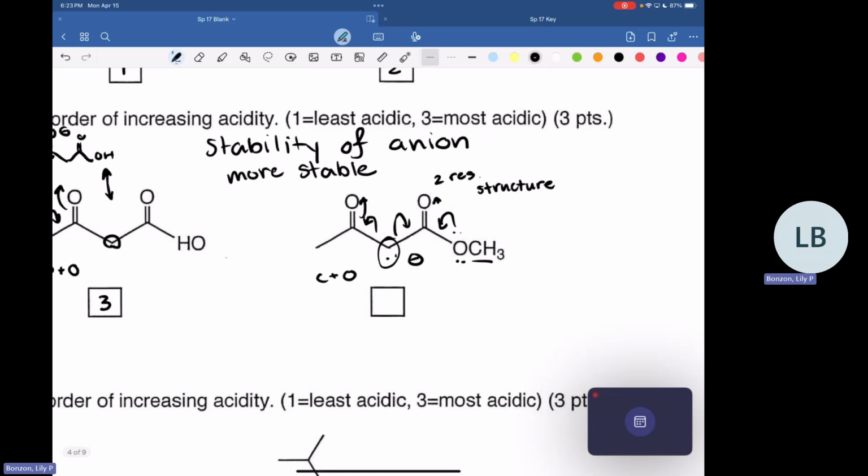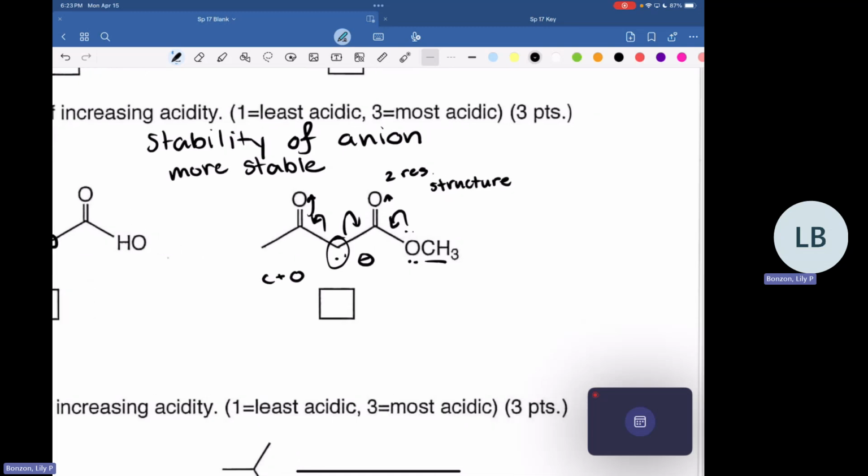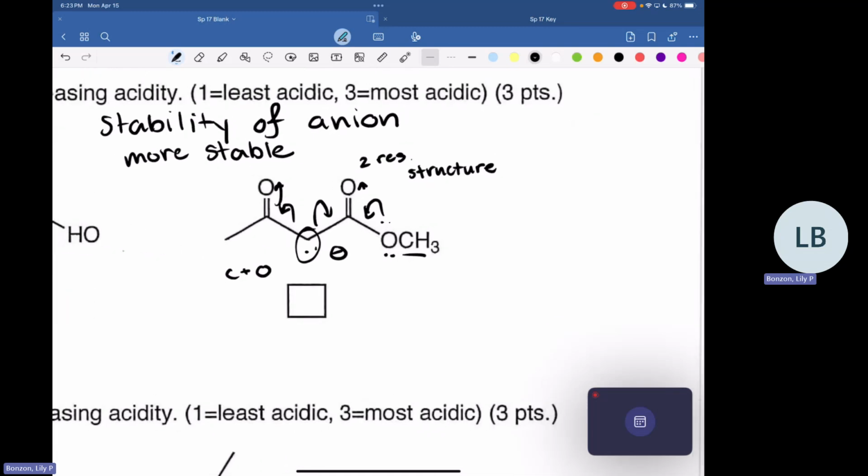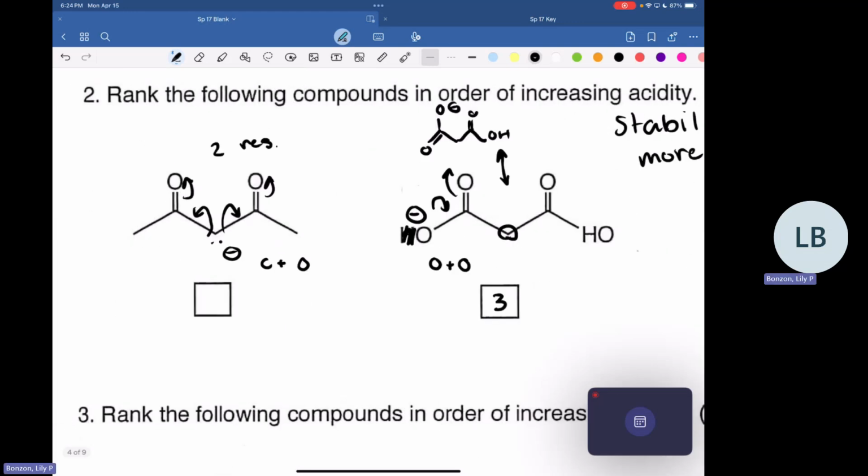It's donating its electron density towards the negative carbon, which destabilizes it and makes it less acidic. So this is going to be our least acidic, and the one over here is just going to be in the middle.